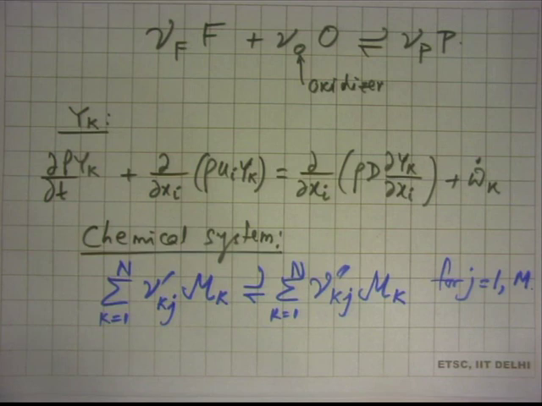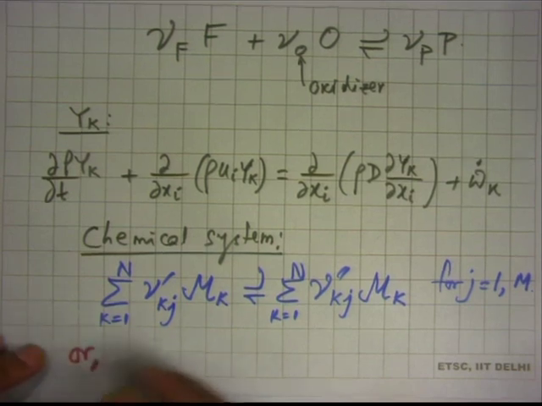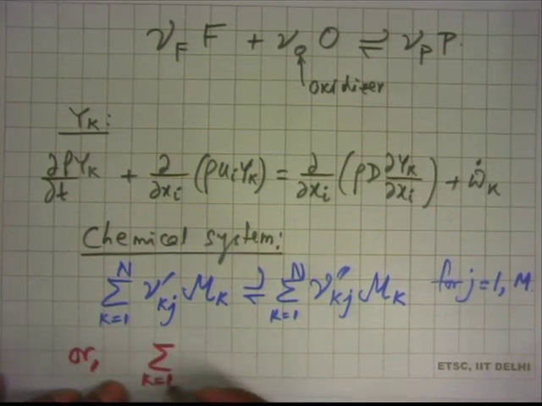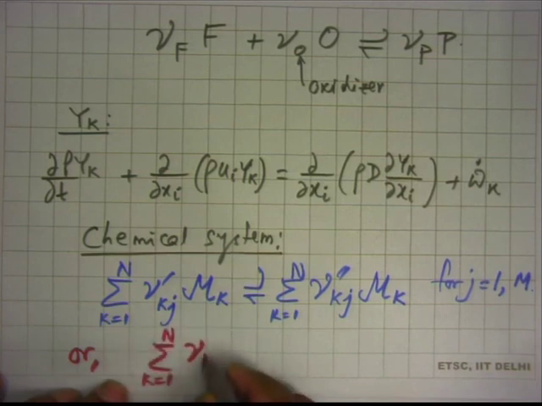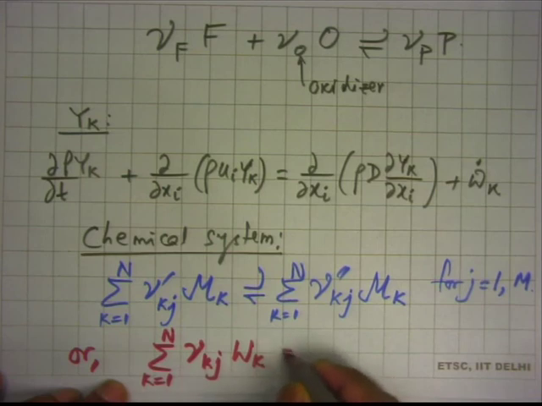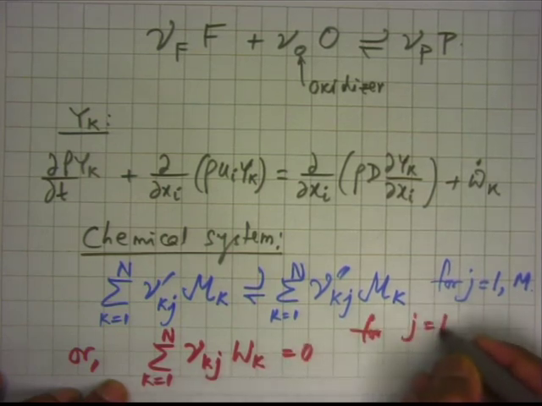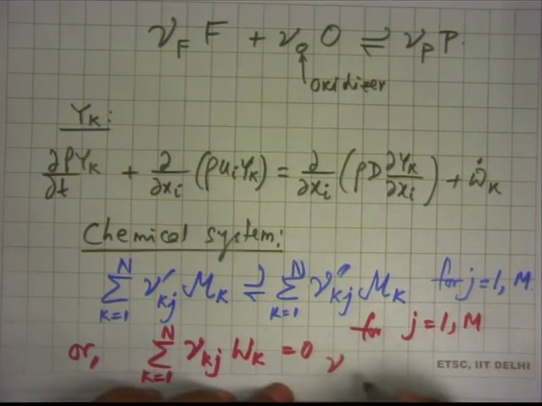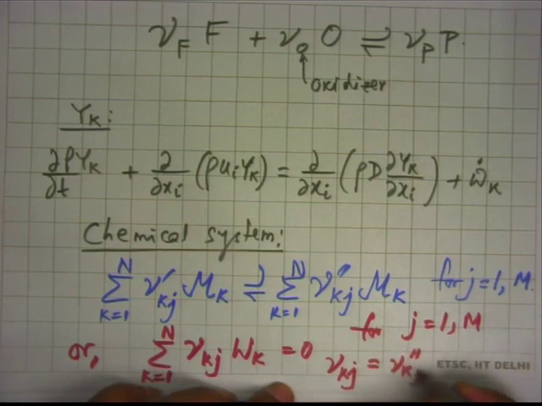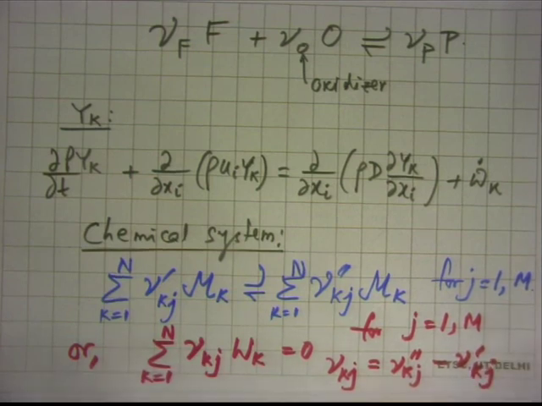Nu prime was on the reactant side. Nu double prime is on this one, and maybe we can do one step, that is, the same thing can be written as, we can write this.